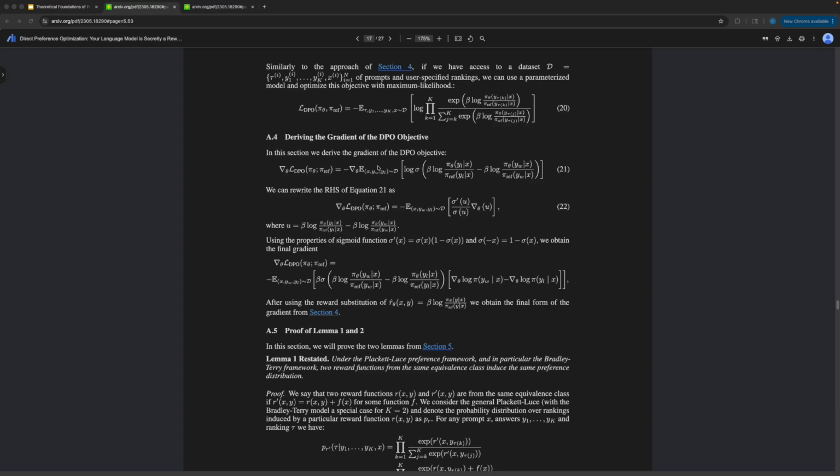So actually, the objective, like the L_DPO, was this term, but these two terms were flipped. It should be beta times log of pi theta by pi ref for y_w minus the same for y_l.